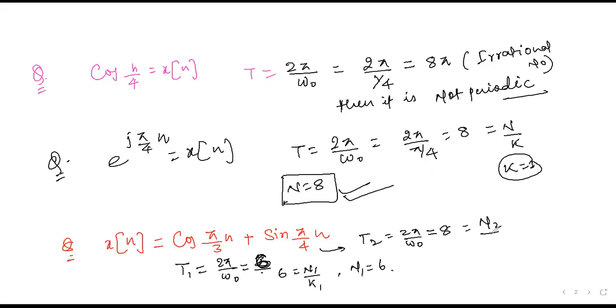This is N2 by k2, so N2 equal to 8, an integer value. Now the total fundamental time period is the LCM of 6 and 8, and this is equal to 24. Is it clear, my dear friends? Yes, sir. So in this way we can find the periodicity.